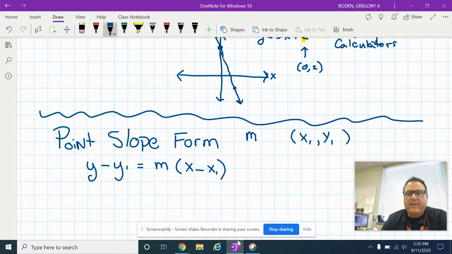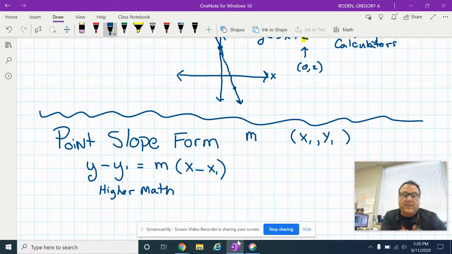Okay? And this is a really good, the reason I really like point-slope is in higher math, as you go higher in math, in calculus, sometimes in pre-calculus, higher math really likes point-slope. In fact, I've seen some math classes, the kids I tutor in calculus and pre-calculus and trigonometry, sometimes their teachers will have them leave it in point-slope and they won't have them do that next step into slope-intercept.